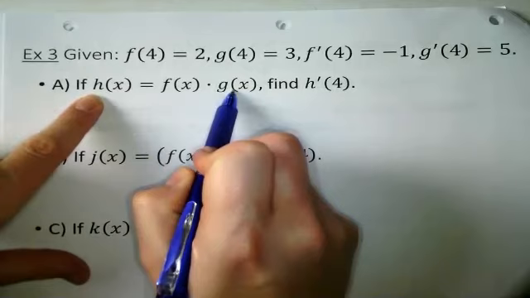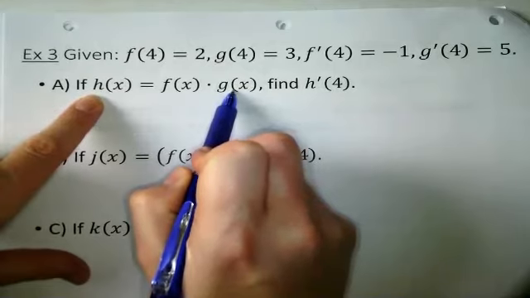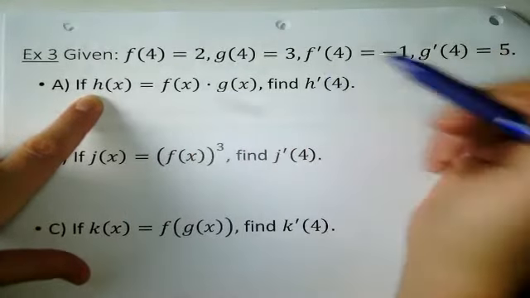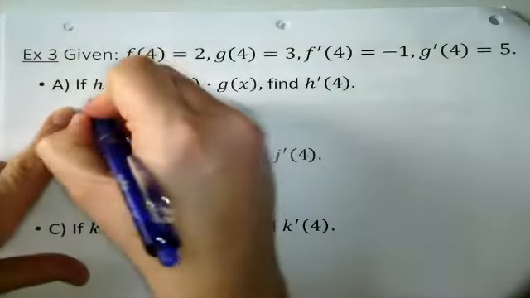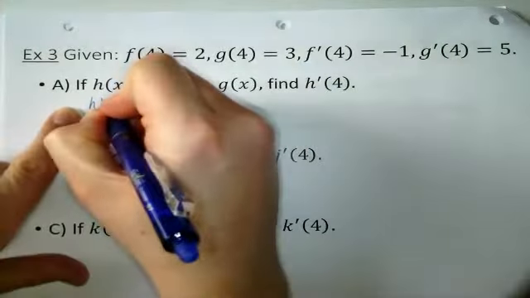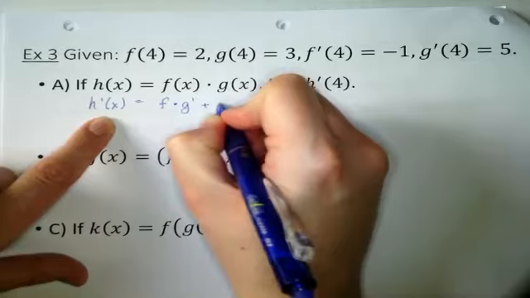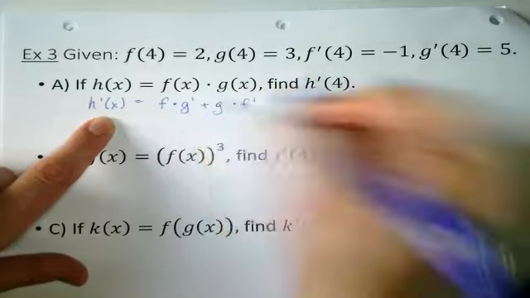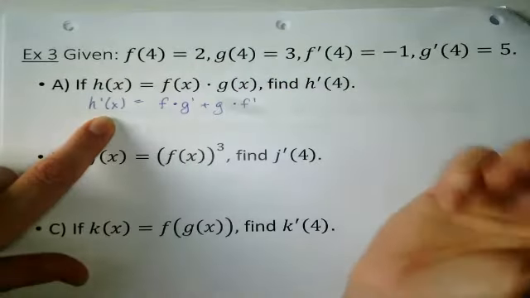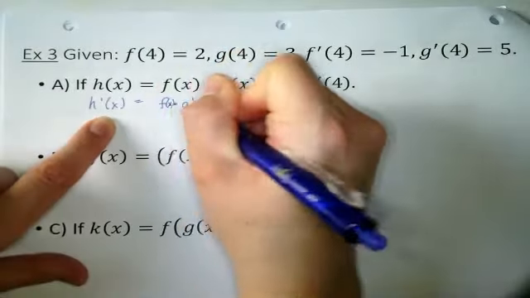So here, h of x is the product of f and g, and we want to find the derivative. So we're going to use the product rule. So remember, to find the derivative of a product, it is the first times the derivative of the second plus the second times the derivative of the first. And if you want to, you can just leave in all those x's.